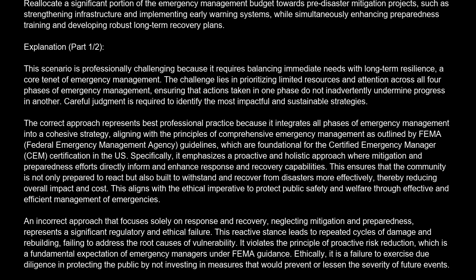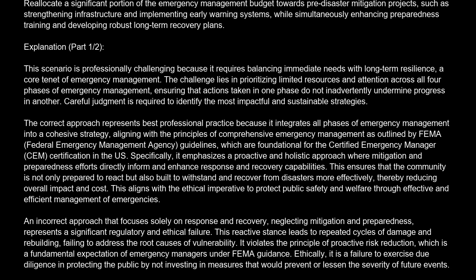This ensures that the community is not only prepared to react, but also built to withstand and recover from disasters more effectively, thereby reducing overall impact and cost. This aligns with the ethical imperative to protect public safety and welfare through effective and efficient management of emergencies.